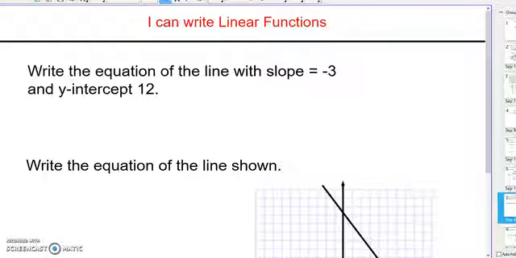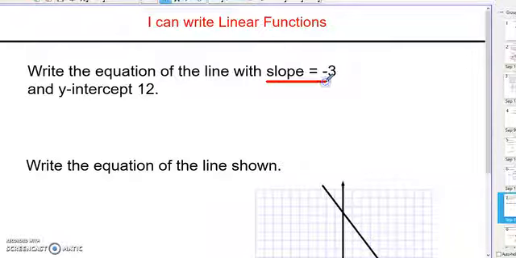Okay, so I'm going to write linear functions. So write the equation of the line with the slope equals -3 and y-intercept 12. So in these type of examples where we're writing the equation for the lines, we always want to pick the most efficient way that we can get there.